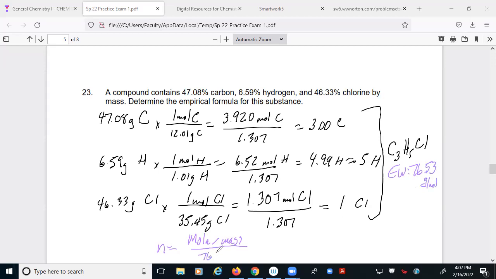So we could divide the molar mass by 76.53, and whatever that number comes out to be, that's what we would multiply to get our molecular formula.